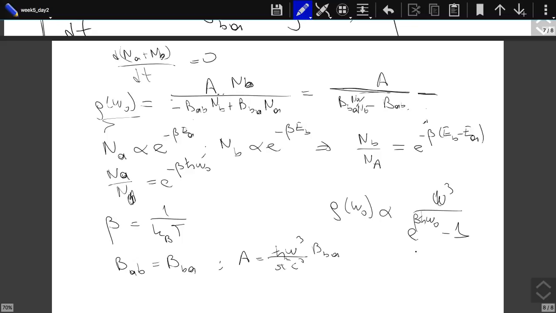Omega cubed is just the energy density. You might remember from the modern physics course that there is this ultraviolet catastrophe. So that is this omega cubed.